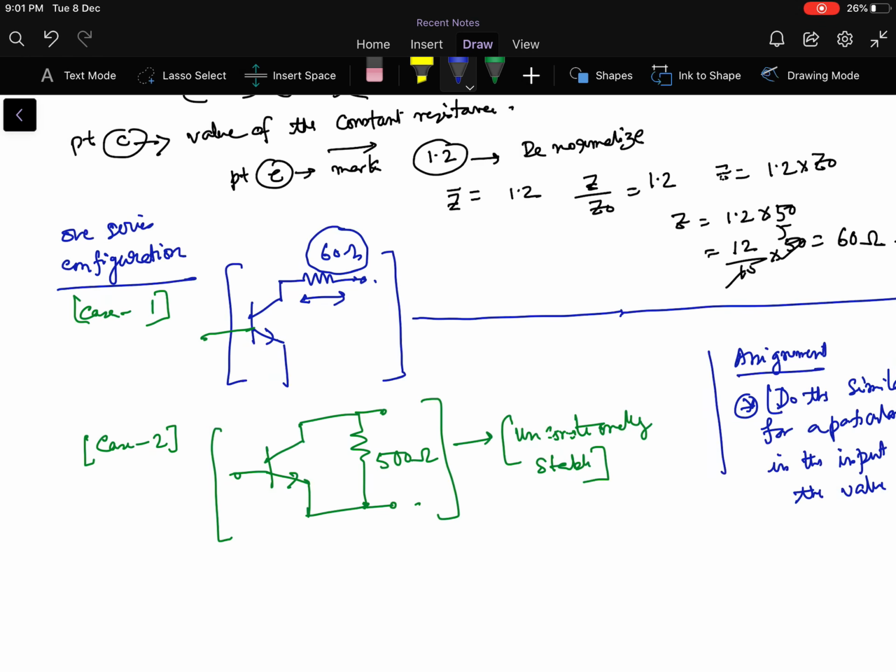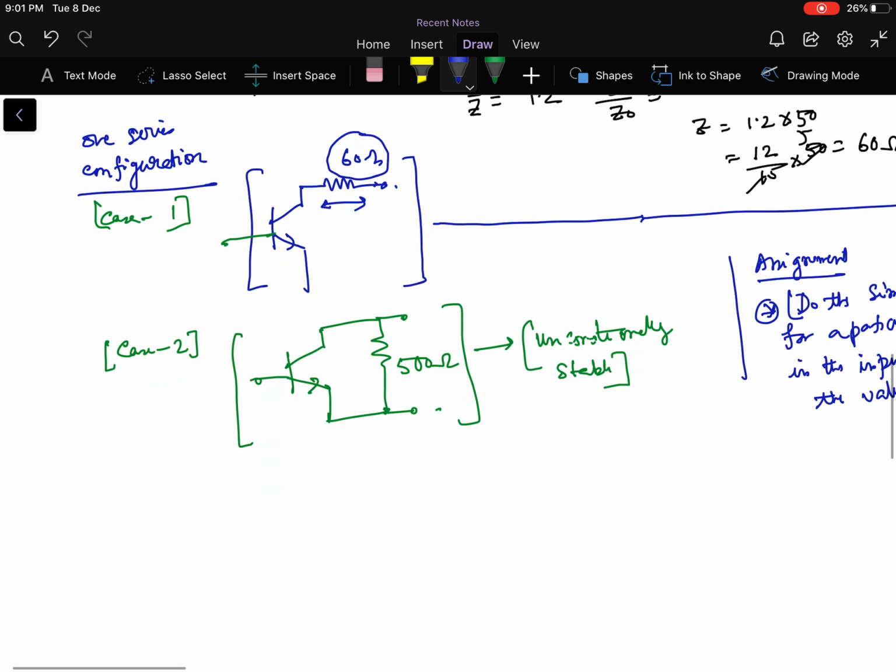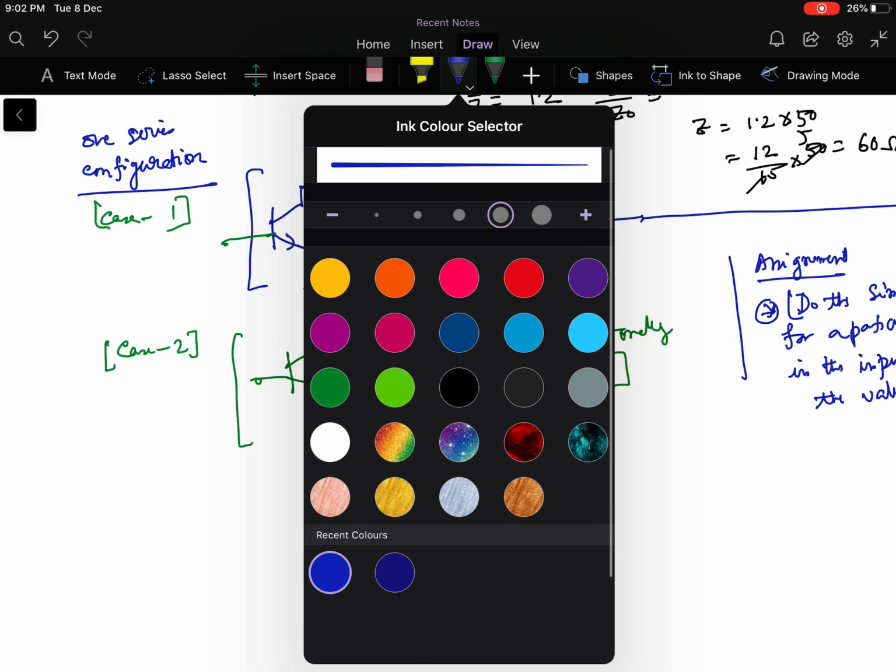I have connected all those things on the output side because I found all those values from the output stability circle.